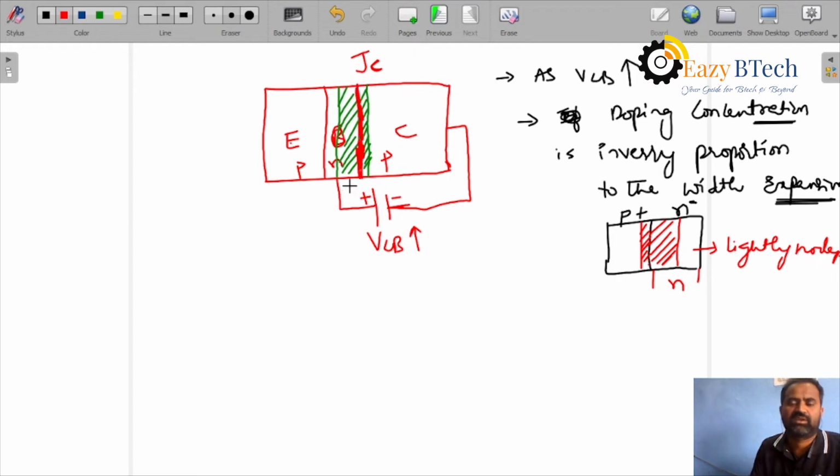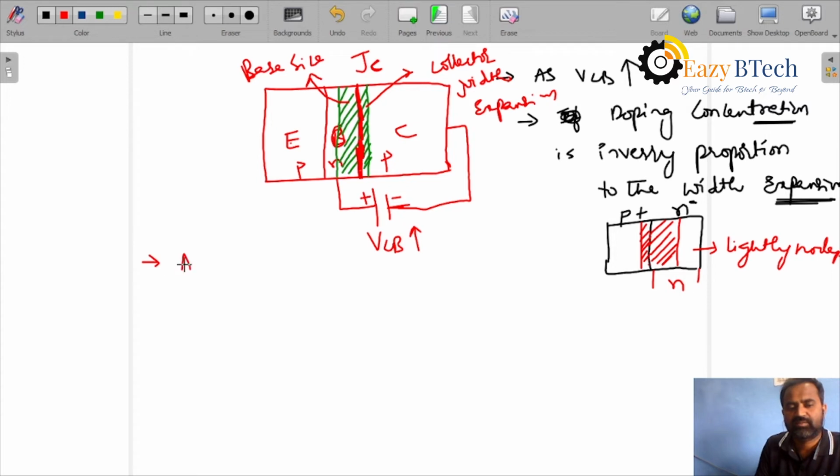Now this is the width expansion on the collector side, and this is the width expansion on the base side.